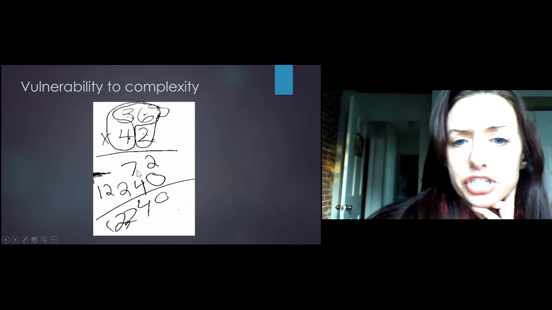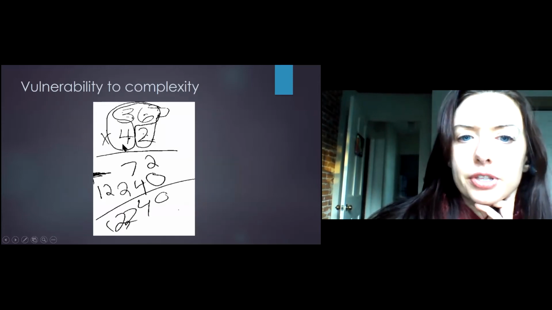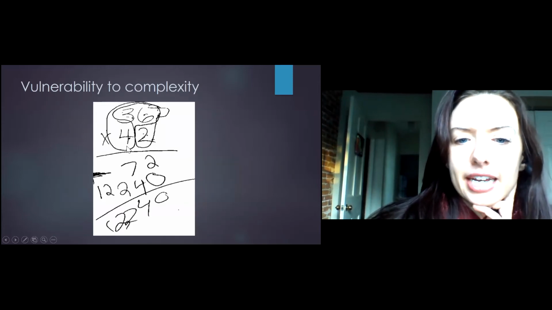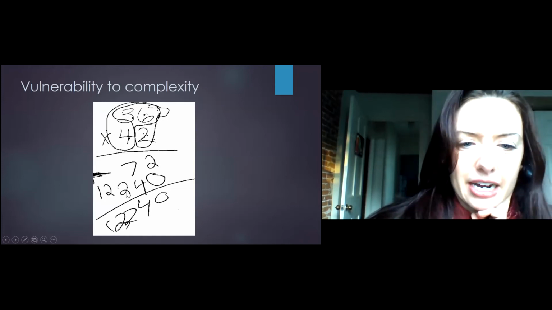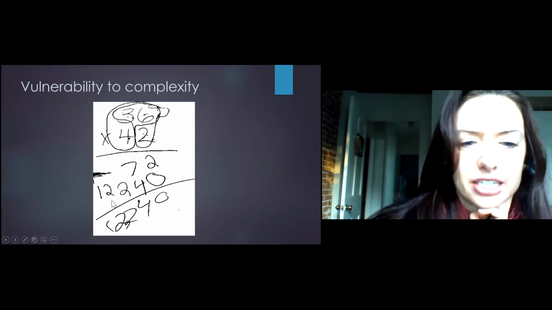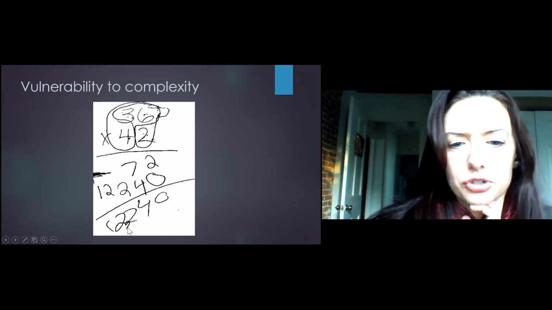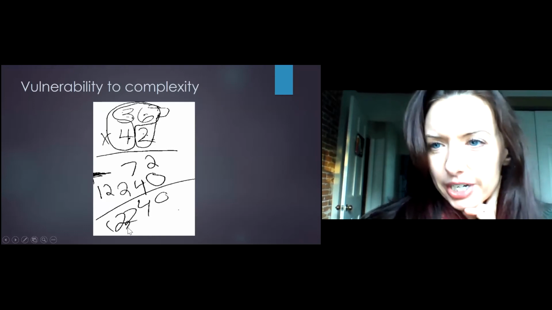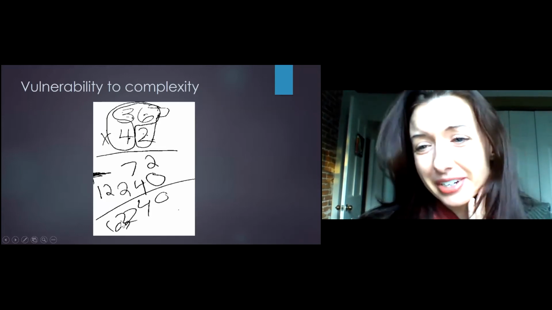She used the procedure just fine when multiplying 2, but then when she moved to the 40 here, that's where she forgot how to regroup and move the digits. So she put her 24 and her 12 here, and she said 36 times 42 was 12,240. Again, lack of monitoring, okay?